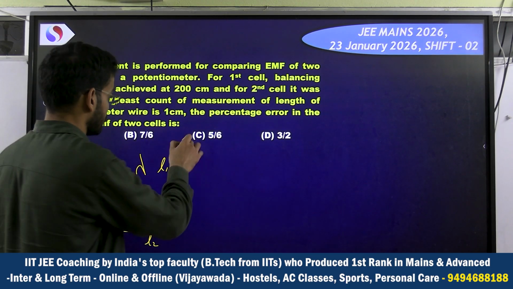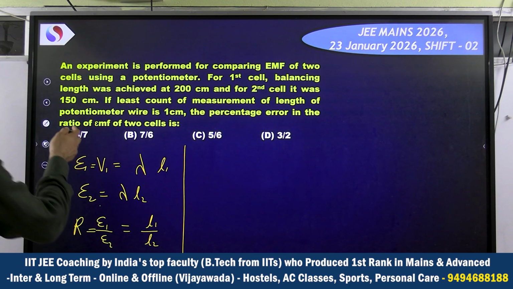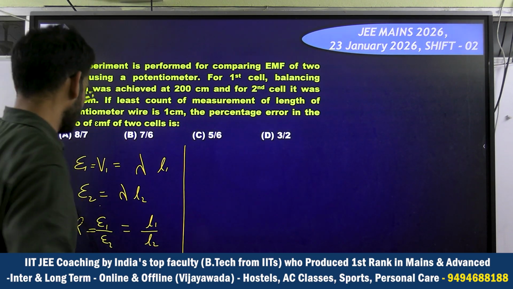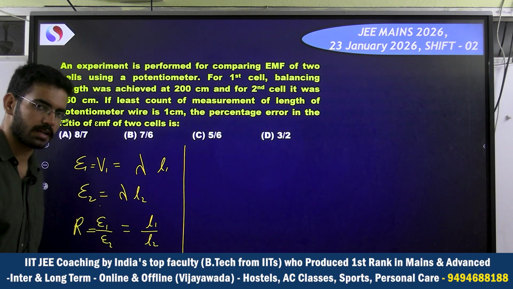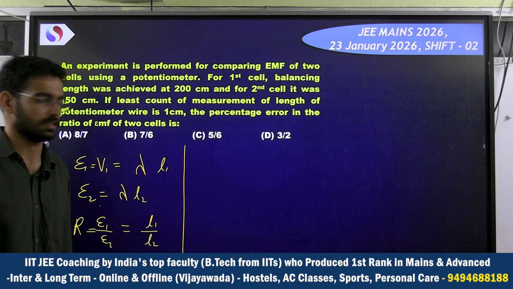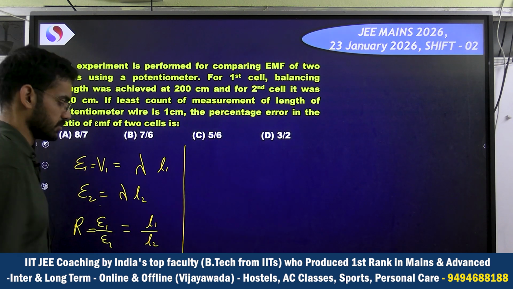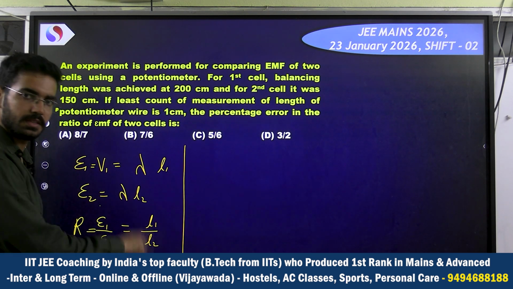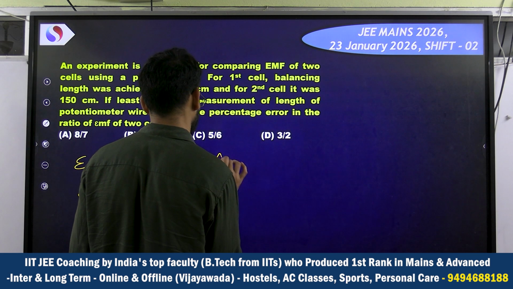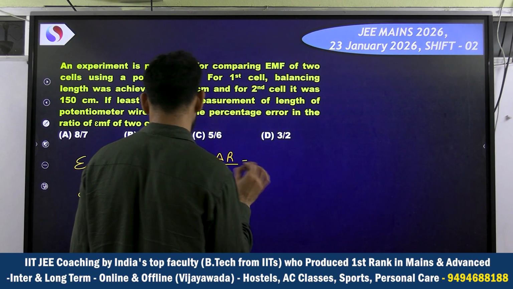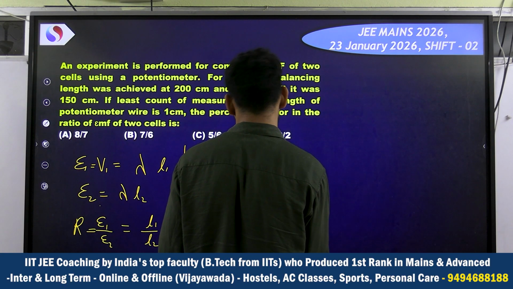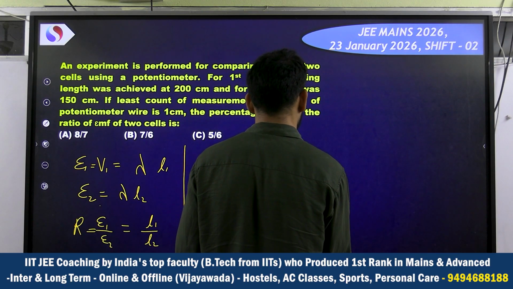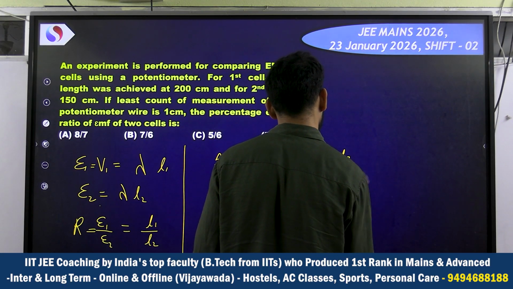Now you take the percentage error. Here R equals L1 by L2, and L1 and L2 have a percentage error, since he gave the least count. This is a division, so you will go for delta R by R equals ln and differentiate. That you should remember. So delta L1 by L1 minus delta L2 by L2.